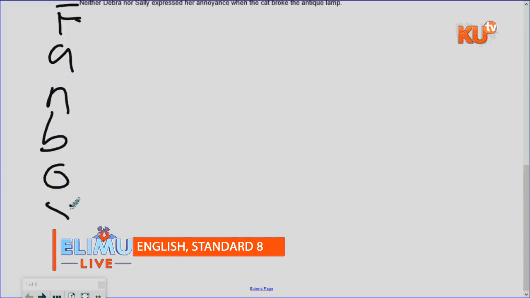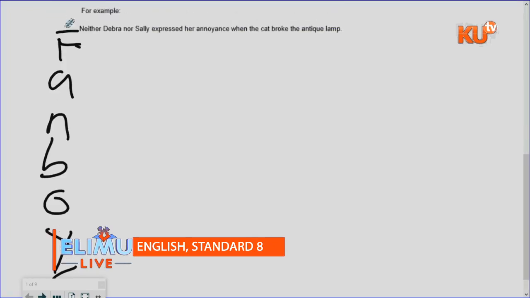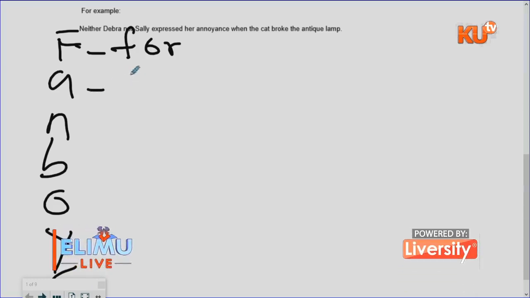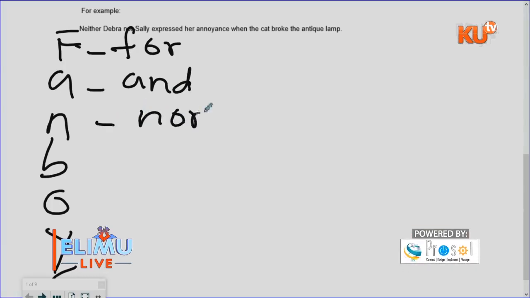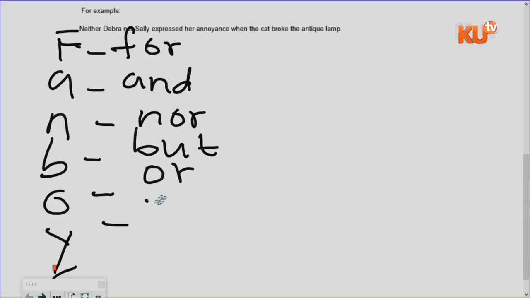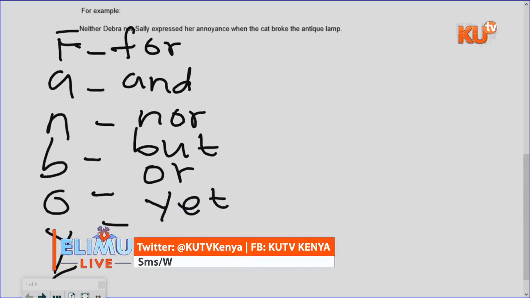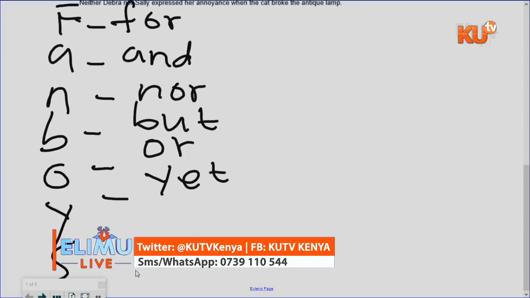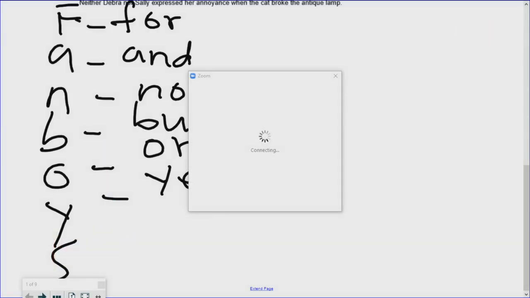You write FANBOYS that way. The F stands for the conjunction for, while A stands for the conjunction and, N stands for the conjunction nor, while B stands for the conjunction but, O stands for or, Y stands for yet, and S stands for so.